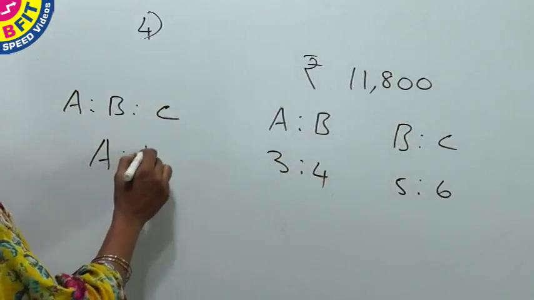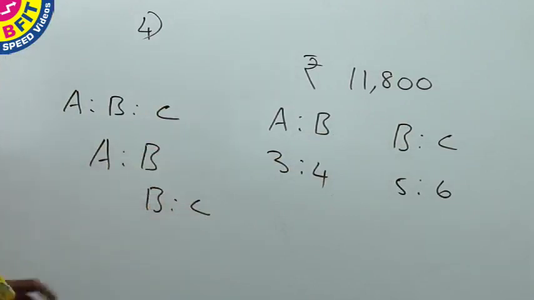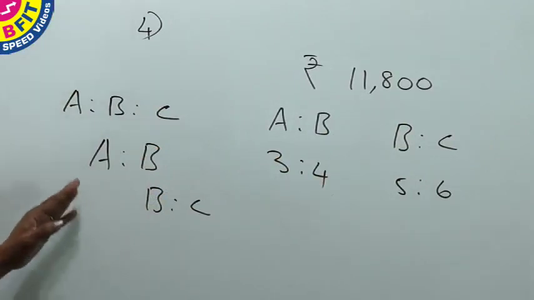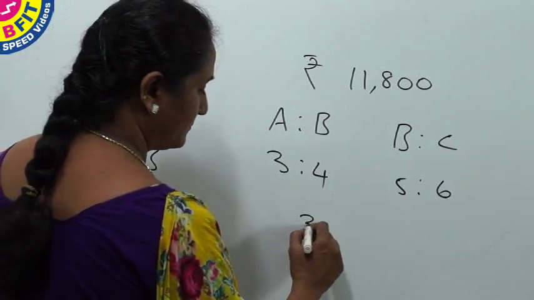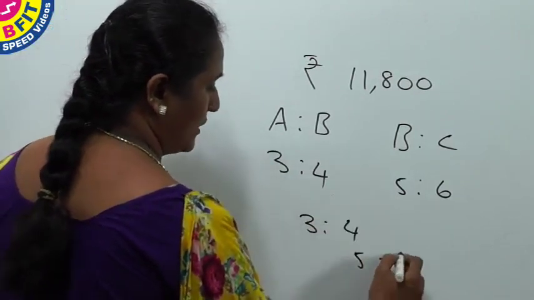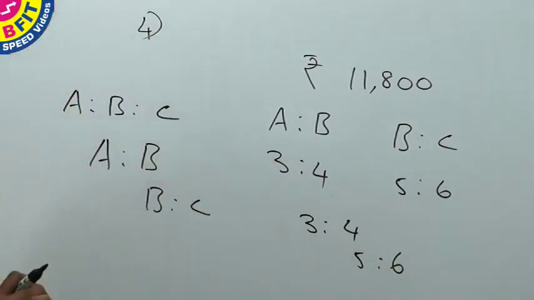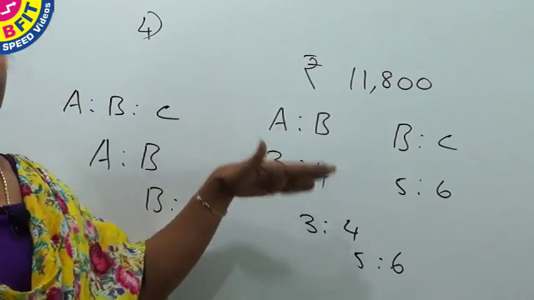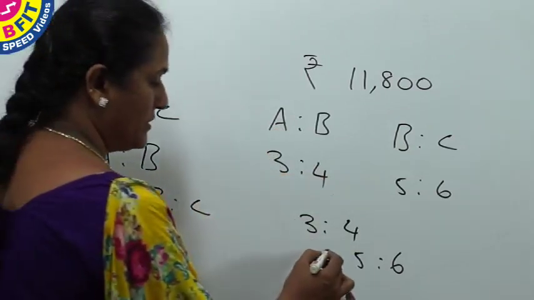So we write these ratios one below the other. See that B overlaps. In the same way, write the values, and the value of B overlaps. To combine two ratios into a single one, instead of finding the LCM and all, write both the ratios in 2 rows and just follow this symbol.